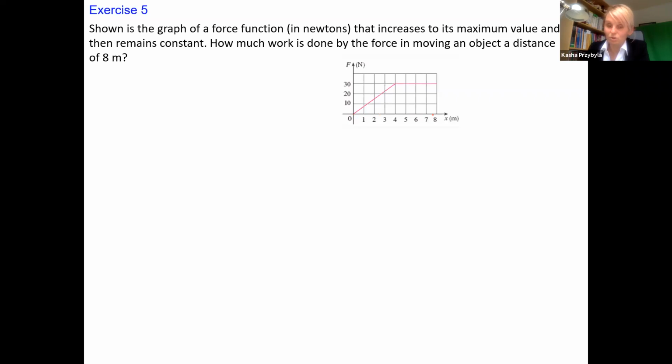That means from 0 to 8. That's also a nice question. That's the force. I don't have the formula, but I still know that I have to integrate from 0 to 8 my function f of x, because it's changing.